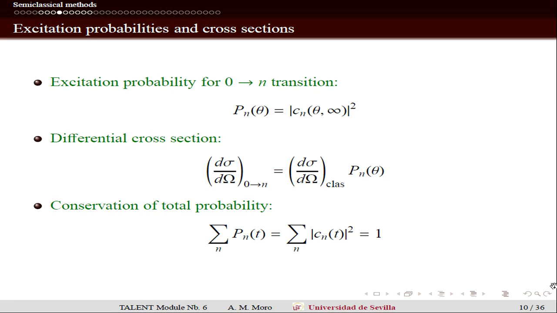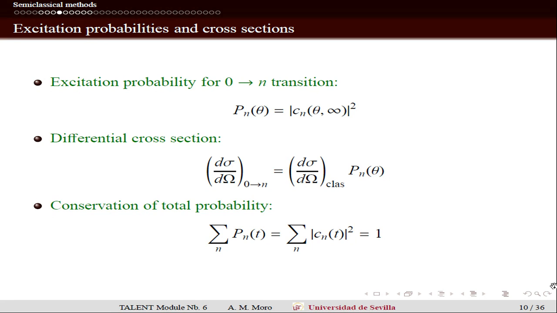And remember also that in the quantum mechanical approach, we had an S matrix, a dimensionless matrix, whose square was associated with the probability of ending in some specific state or configuration.